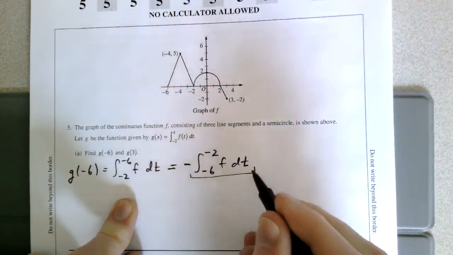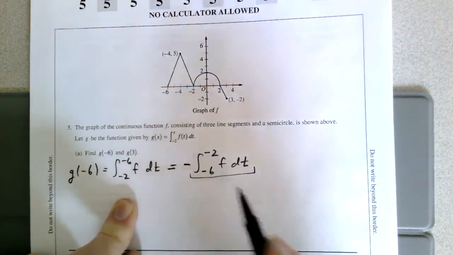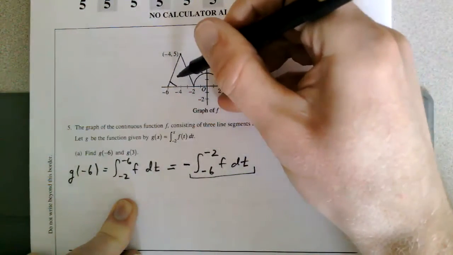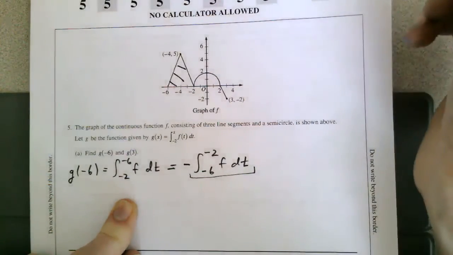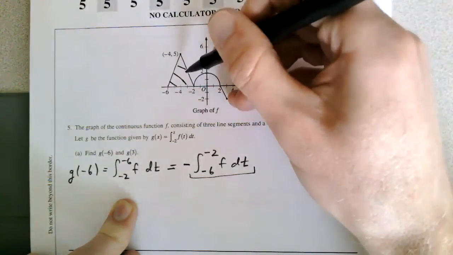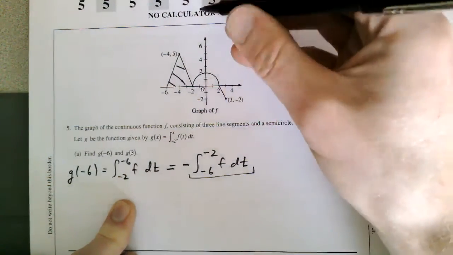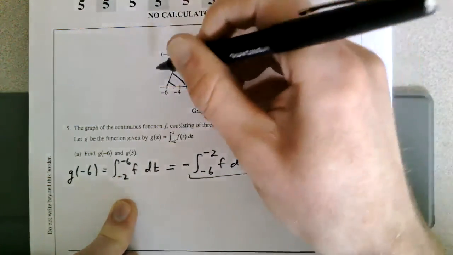This integral here is just the area under the graph of f from -6 to -2. Of course, you don't have a formula for f. You can't find an antiderivative, but you don't need to, because the area under this region here is just a triangle, and we can use geometry to find the area of that.